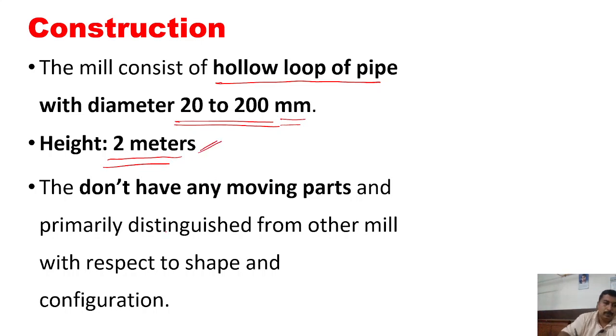It doesn't have any moving parts. As the moving part is absent, there is no heat generation, suitable for thermal avoidance. Due to the absence of moving parts, its shape and configuration are quite different from other mills.